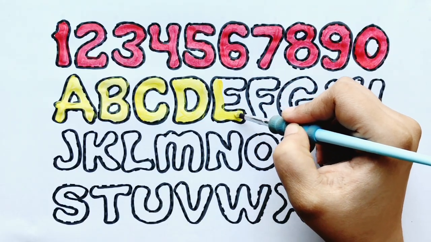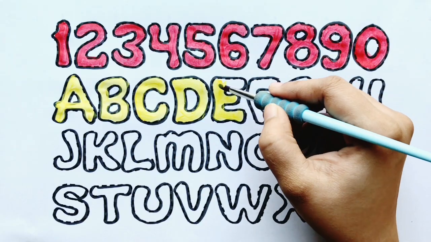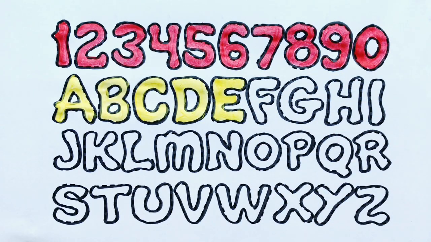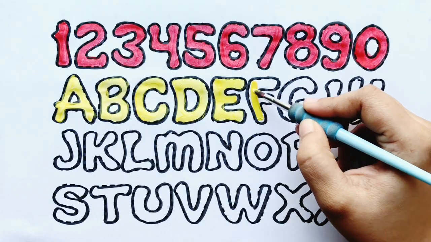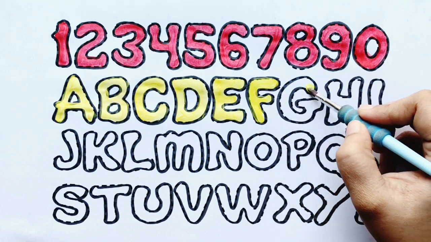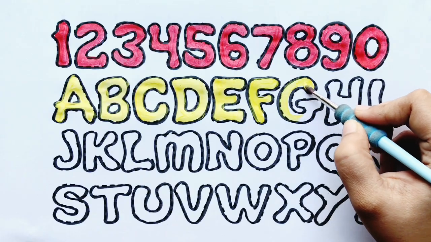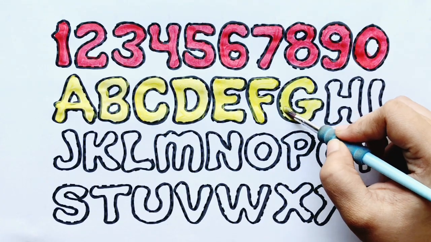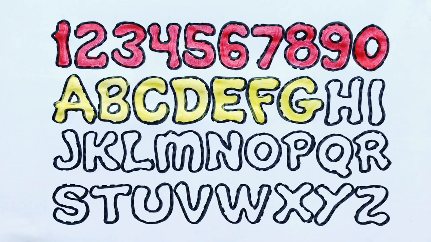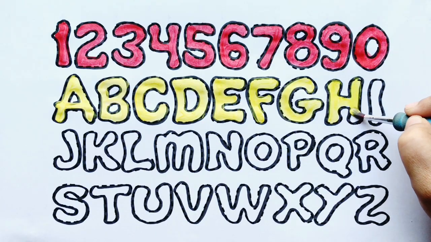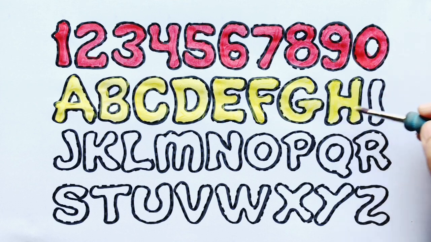E for egg. F for flower. G for gorilla. H for hen. I for igloo.